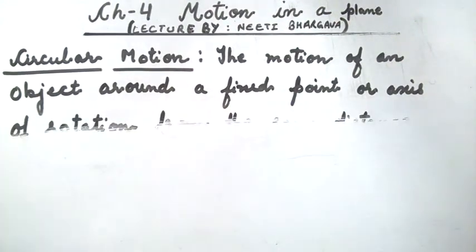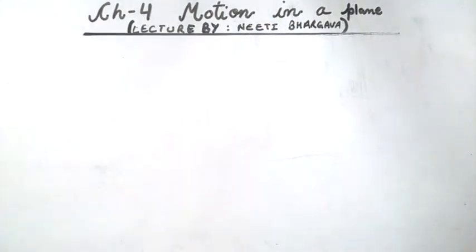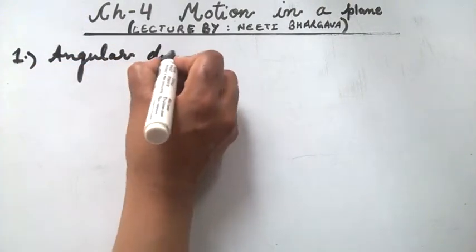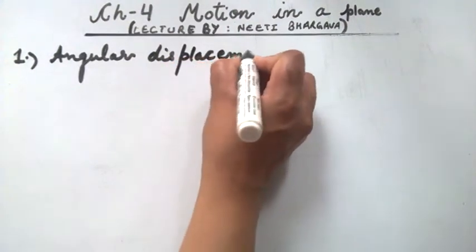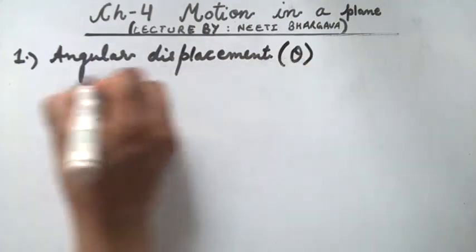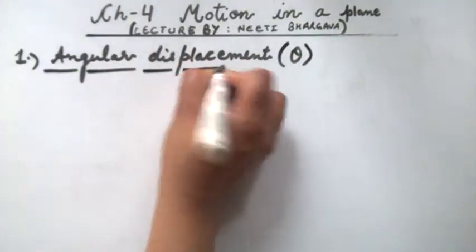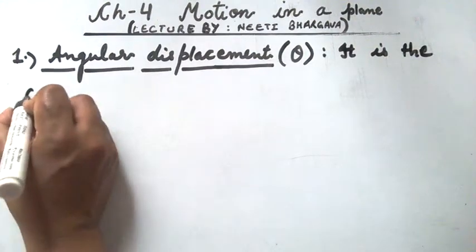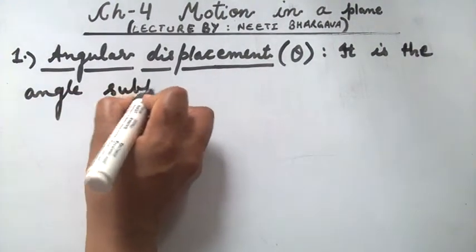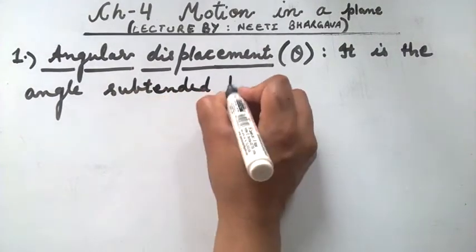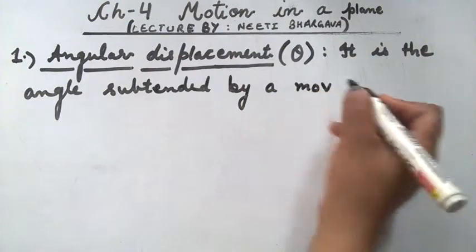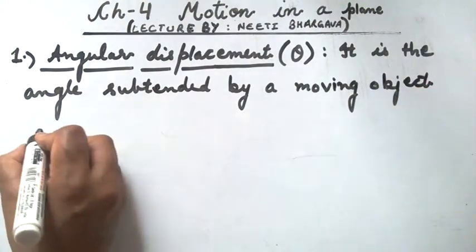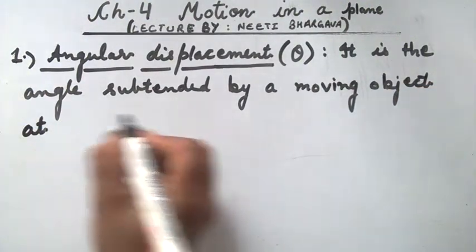First is angular displacement, denoted by theta, and it is the angle subtended by a moving object at a fixed point, that is about its axis of rotation.